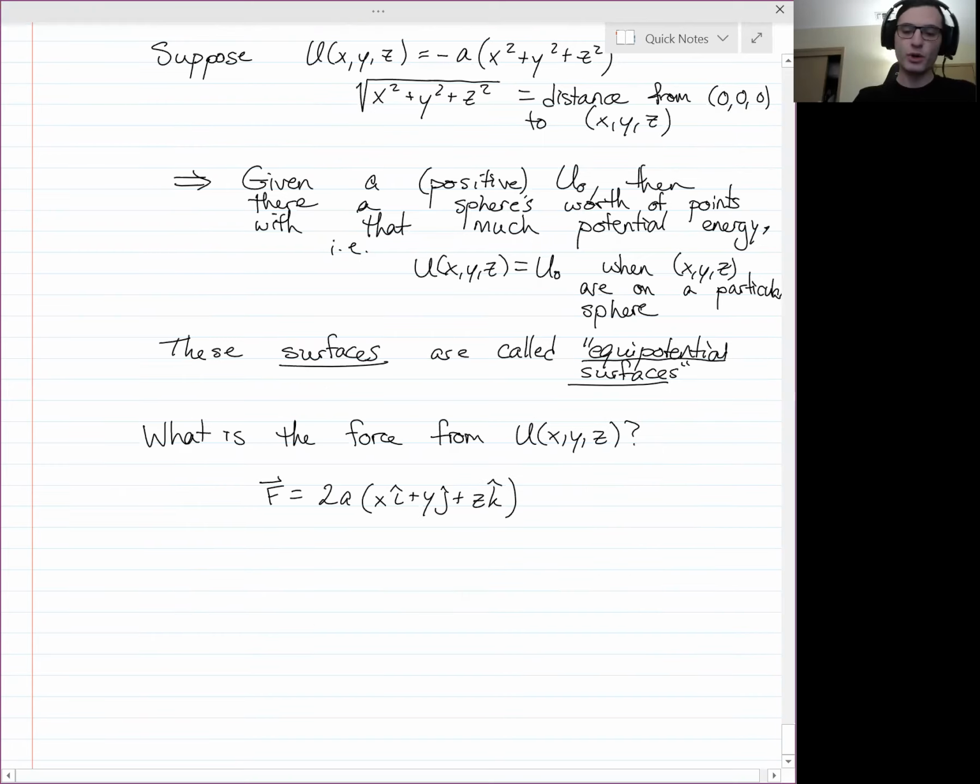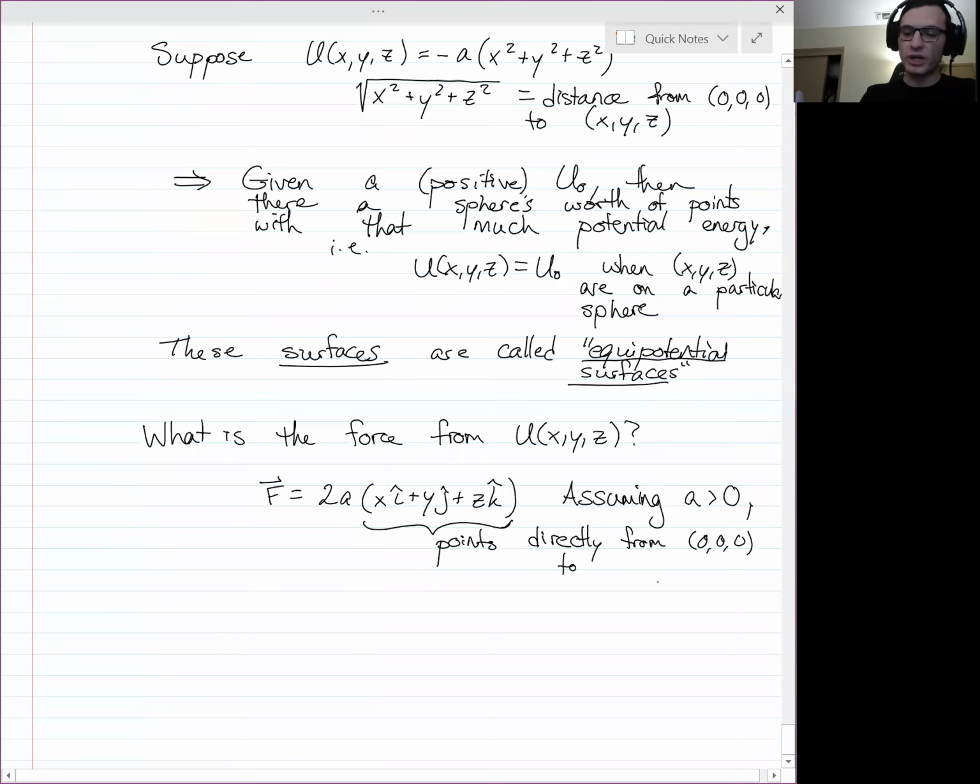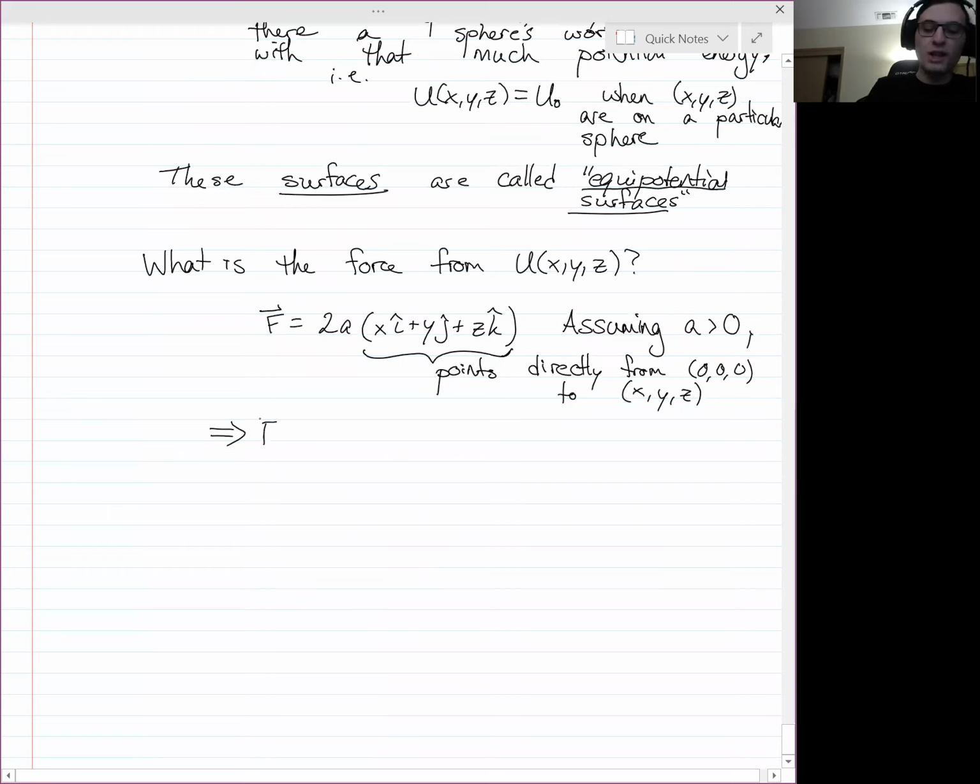But what direction does this point in? This, assuming a is positive, that's kind of important here, this force direction points directly from the origin to the point. Points from 0, 0, 0 to x, y, z. So, what else points in that same direction?